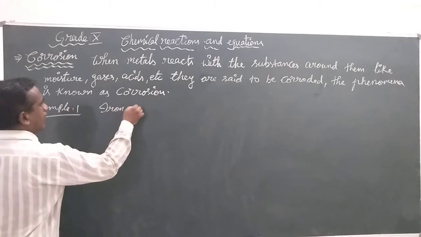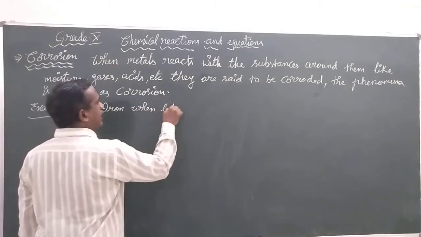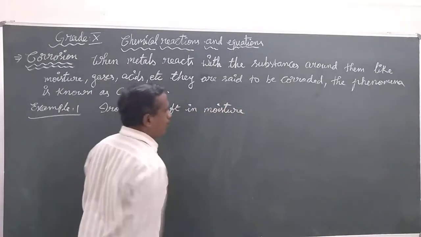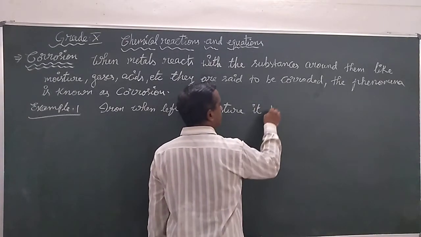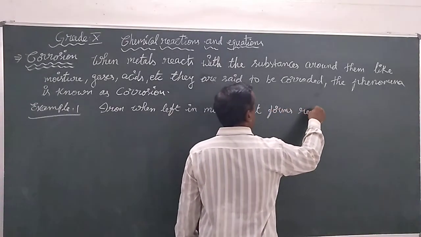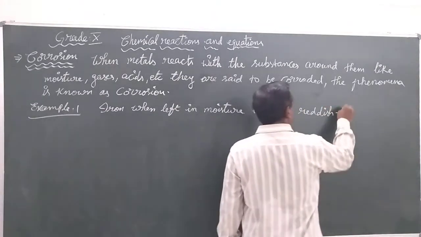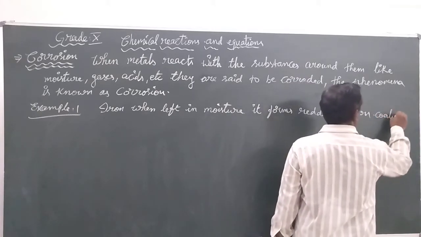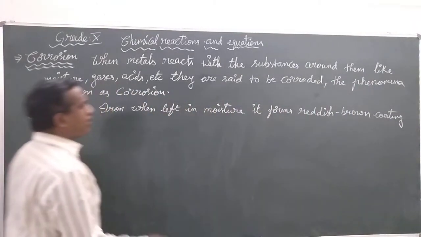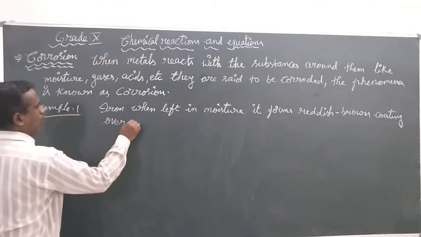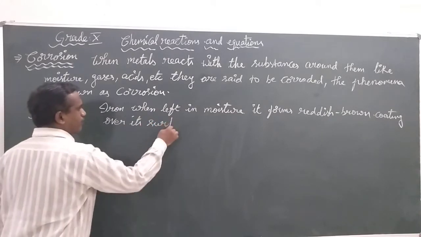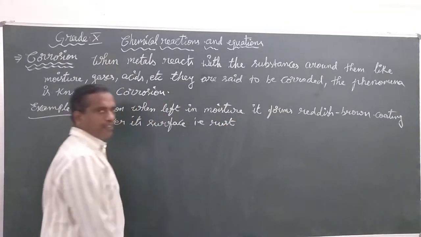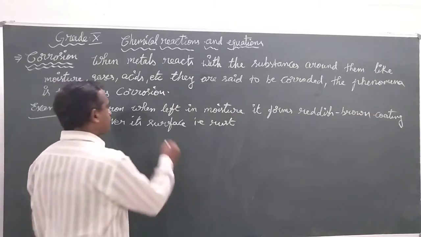Iron, when left in moisture, forms a reddish brown coating over its surface. That is what we call rust. What do we call this as? Rust.